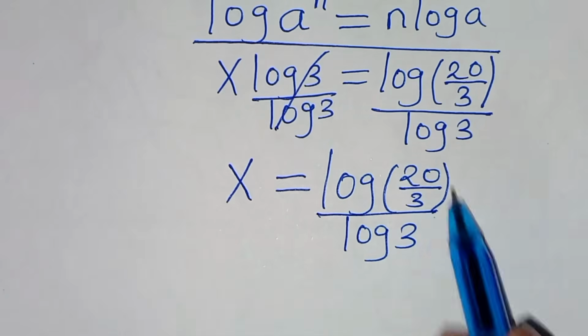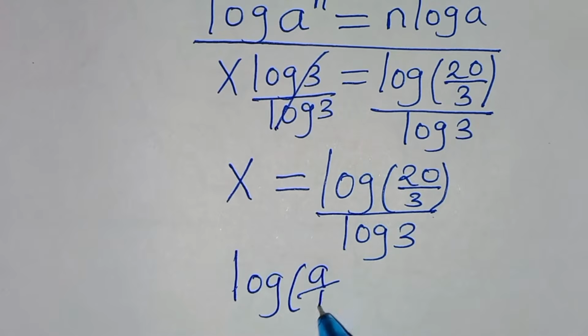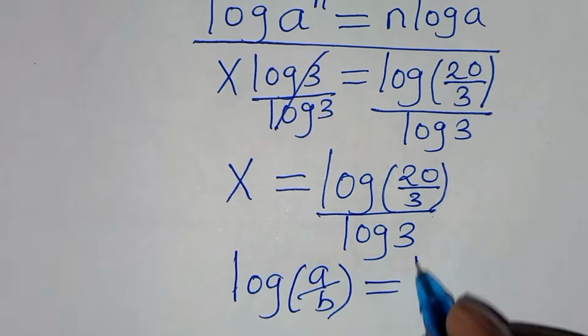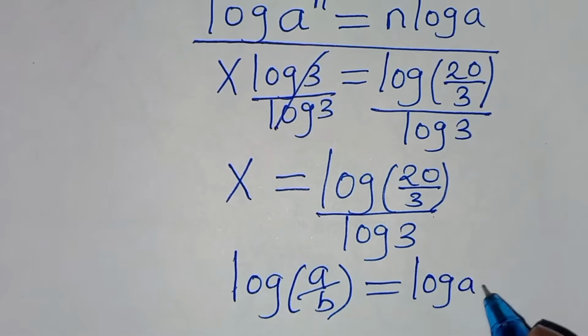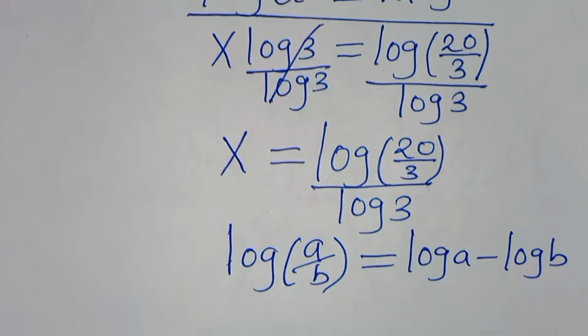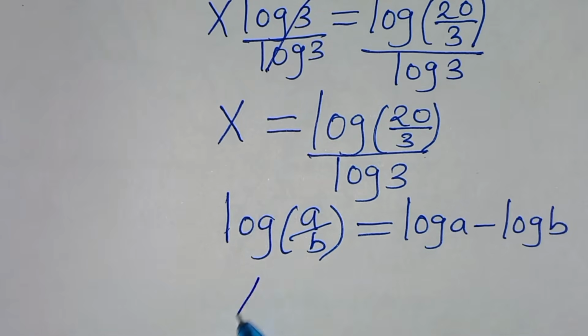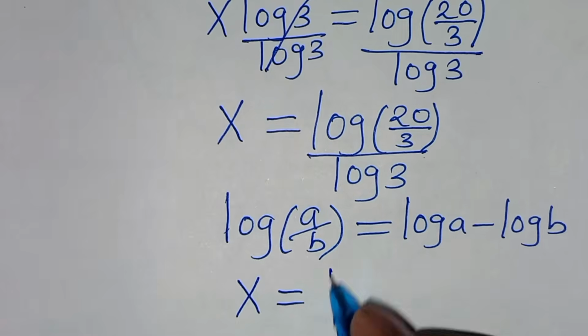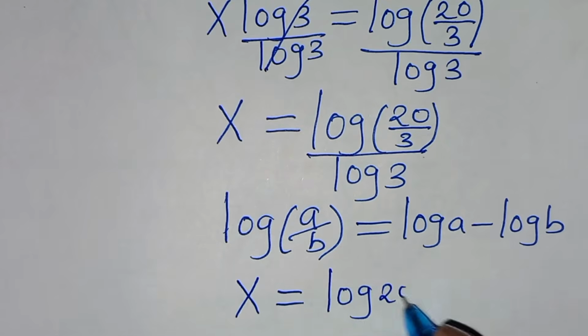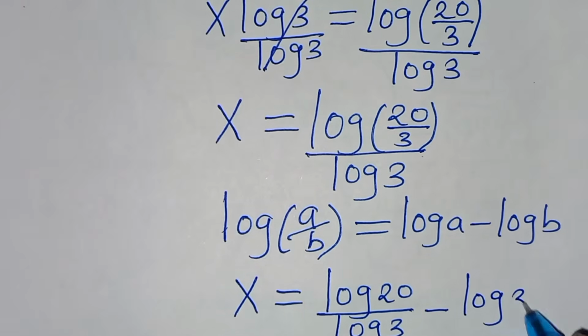So log 20 over 3, this is in the form of log a over b, which we can express as log a subtract log b. Applying this logarithm property, we'll have that x is equal to log 20 divided by log 3 subtract log 3 divided by log 3.